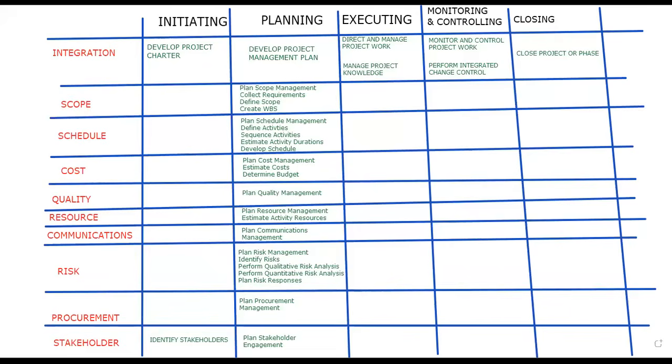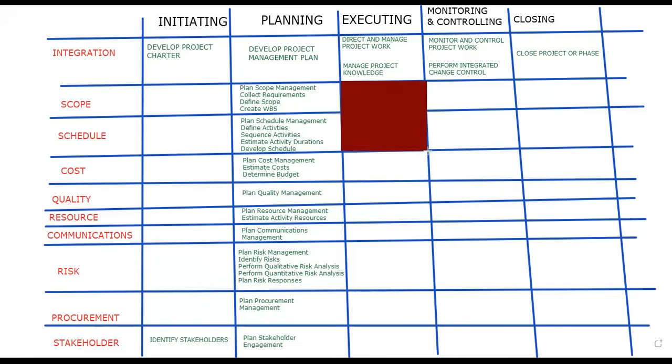All right, so we're done with planning, and we are going to finish off the other columns. Now, I want to show you another trick in the area of executing. We've already gotten 2 done, but I want to give you a visual to show you which areas are blocked. So when we talk about scope, there is nothing in executing for scope.